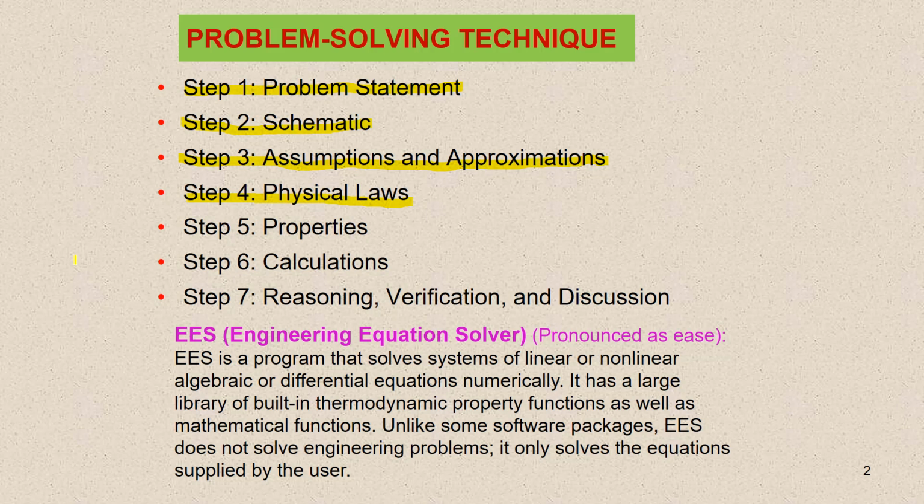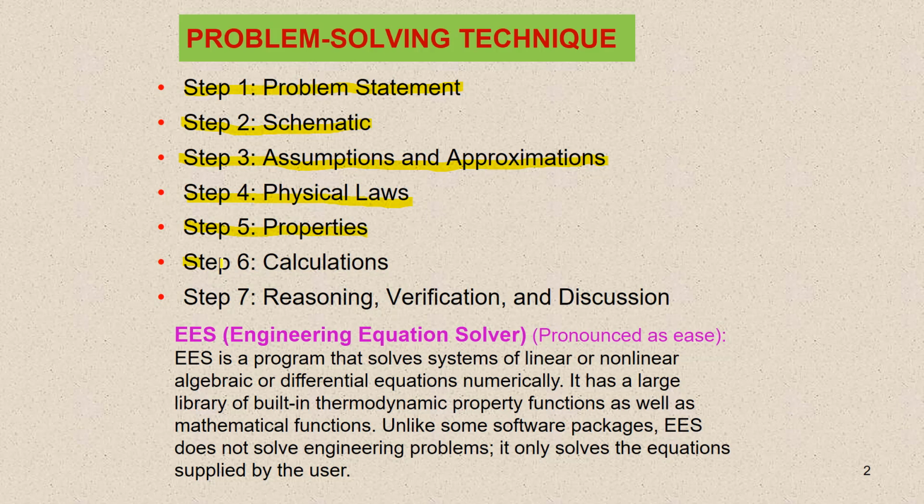When you are doing this, the region to which a physical law is applied must be clearly identified. In step 5, determine the unknown properties at known states necessary to solve the problem from property relations or tables. List the properties separately and indicate their source if applicable.